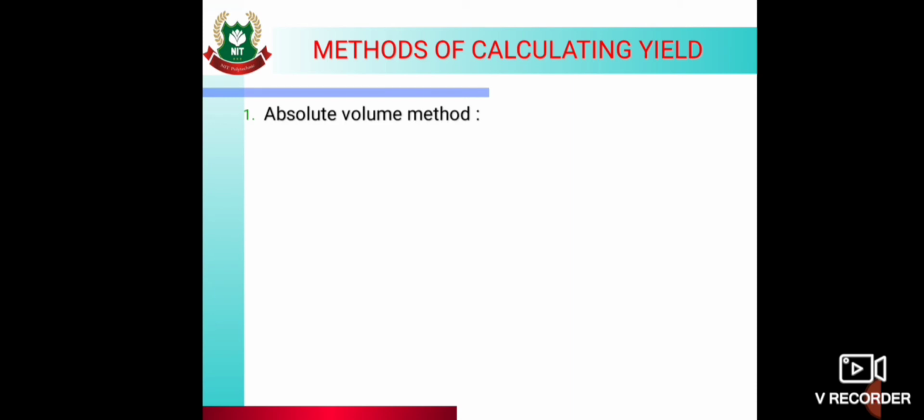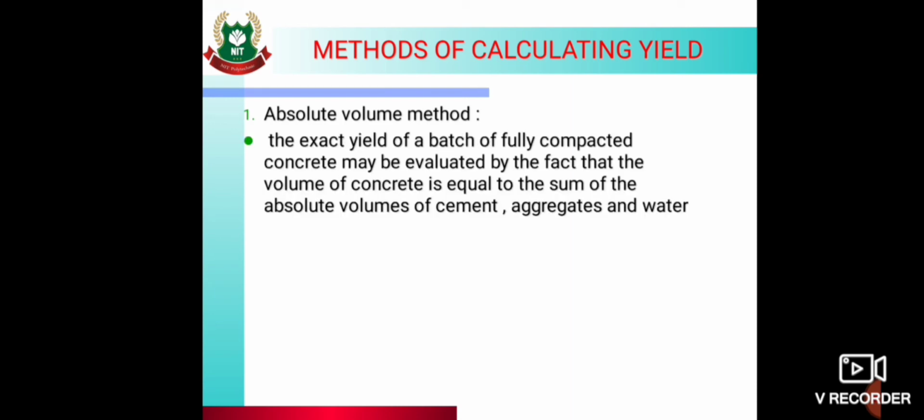So the methods of calculating yield. First is the absolute volume method. The exact yield of a batch of fully compacted concrete may be evaluated by the fact that the volume of concrete is equal to the sum of the absolute volume of cement, aggregates and water.